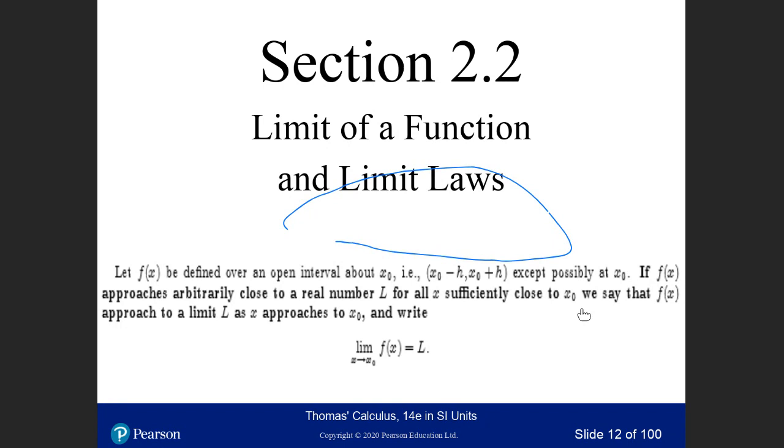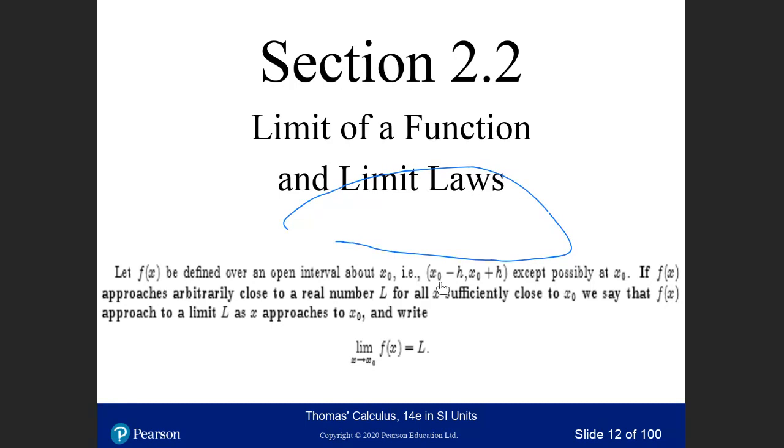But the basic idea here is that x moves toward x0, either from the right or from the left. From the right, I mean values greater than x0. From the left, values less than x0. So as our independent variable gets close to some point x0, how does my function behave?